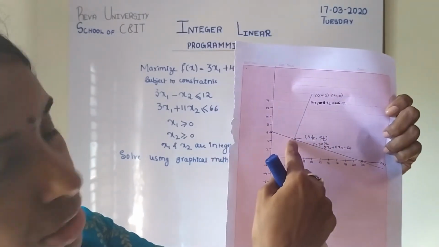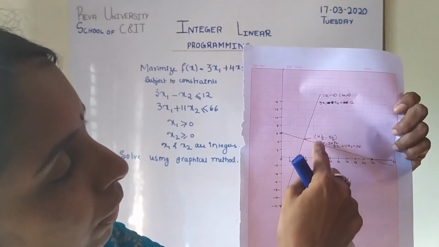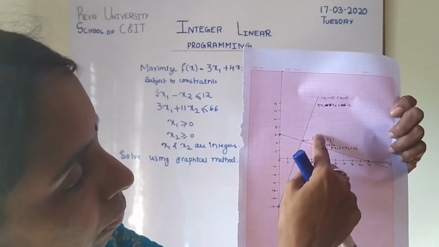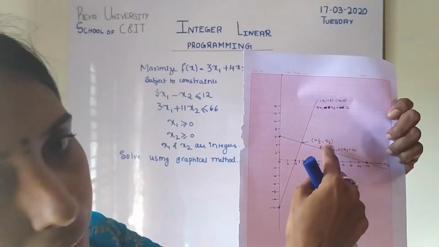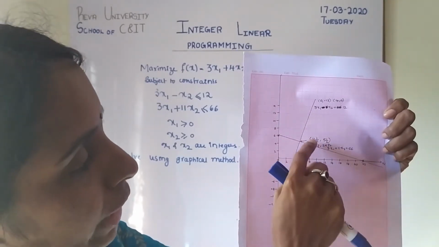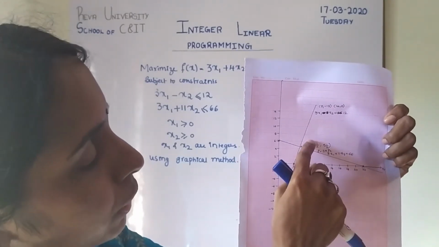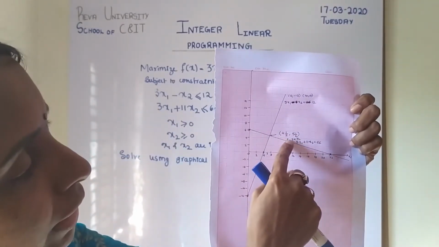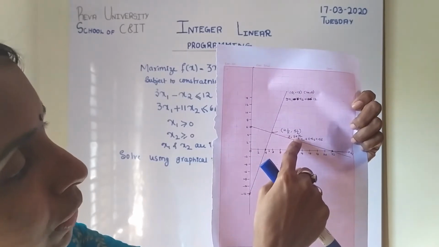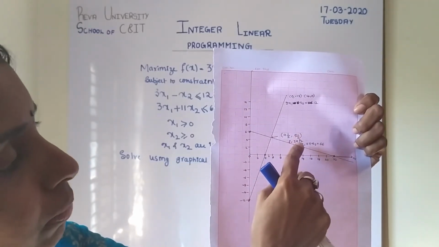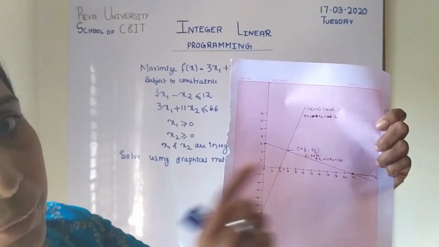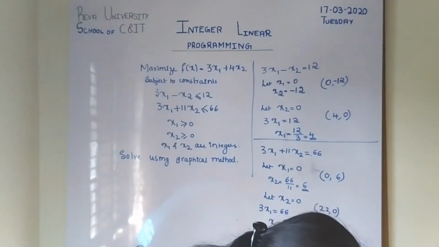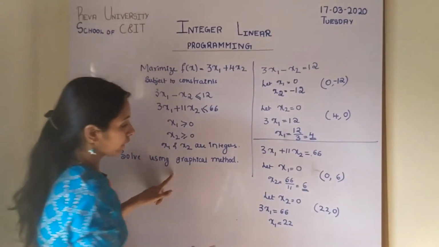If you measure this value, you will get x1 equal to 4 1/2 and x2 equal to 5 1/2. If you substitute these values in our objective function, you will get the maximum value equal to 34 1/2. Now I will solve it here itself.